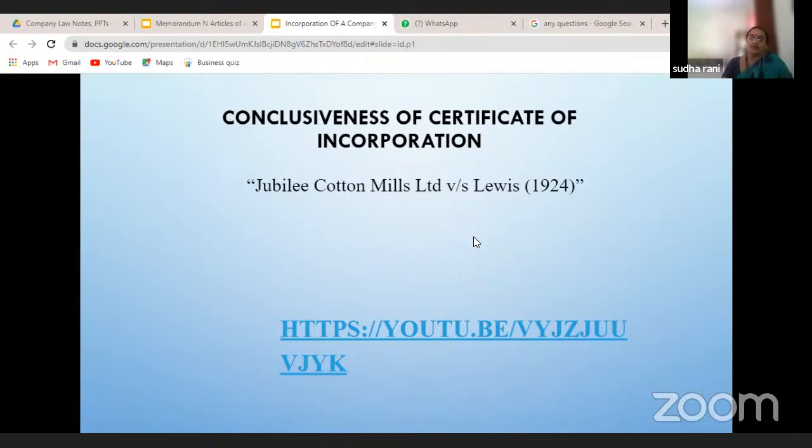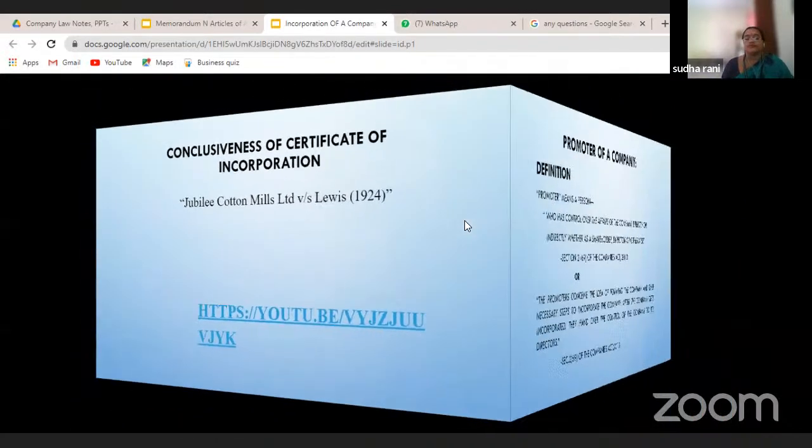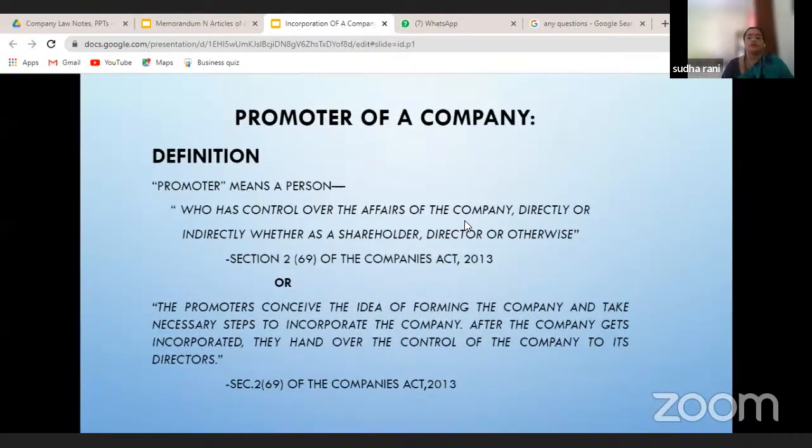So the shares issued to the other promoter became valid. So what does this case tell you?